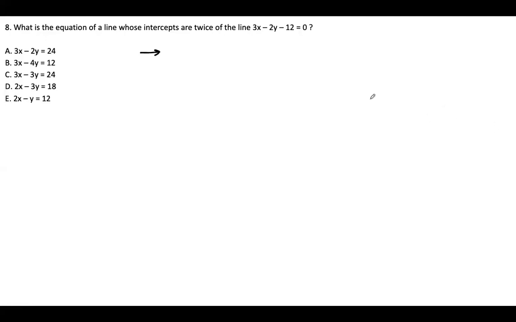What is the equation of the line whose intercepts are twice of the line 3x minus 2y minus 12 equal to 0? First of all, find the intercept of this. How will you find the intercept? Can you convert this line into intercept form? Yeah, we can divide it by 12. Intercept form is of this sort. So dividing by 12, I'm getting x by 4 minus y by 6.